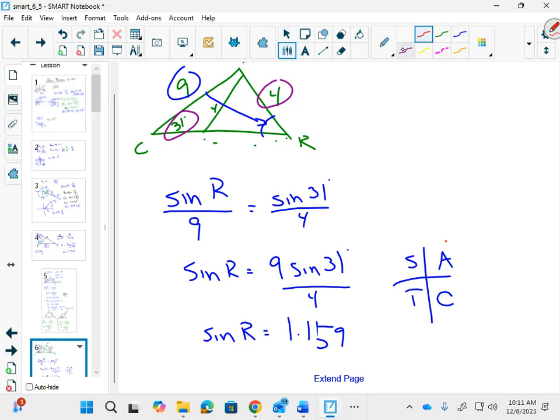So this is what I'm thinking. I see that it's positive. I'm thinking quadrant 1 and quadrant 2. I go to find my reference angle, but when I go to my calculator and I go sine inverse of my answer, I get an error.